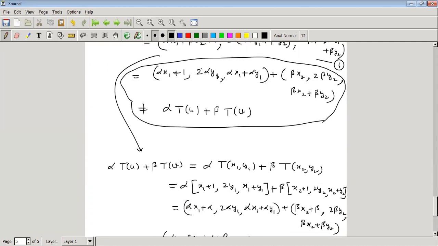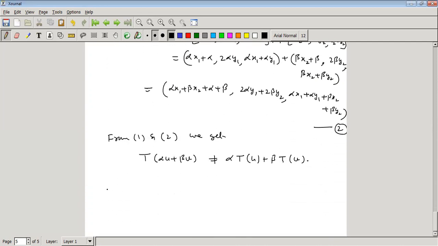For example, if we define T from R2 to R2, T is a mapping from R2 to R2 defined by T of x, y equal to x plus y, comma, even I can take 3 here. So this is not a linear transformation.